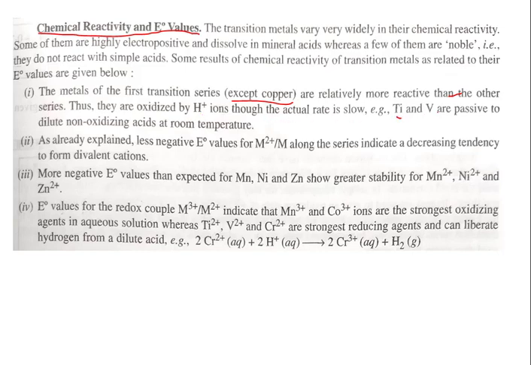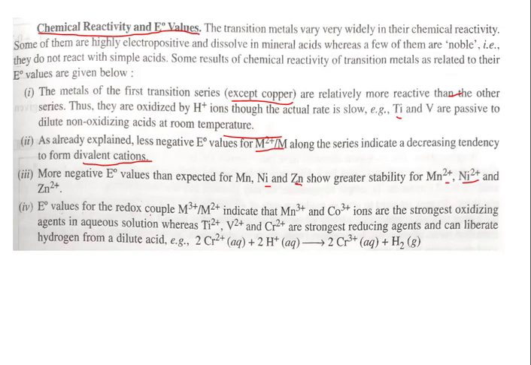Then titanium and vanadium are passive towards dilute or non-oxidizing acids at room temperature. Again, the less negative E0 values for M2+ to M along the series indicate decreasing tendency to form divalent cations. More negative values than expected for manganese, nickel and zinc are totally on the basis of their greater stability in that oxidation state.